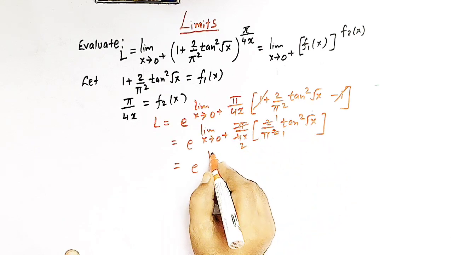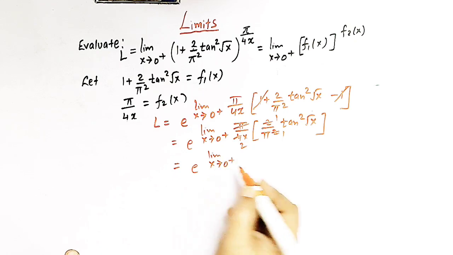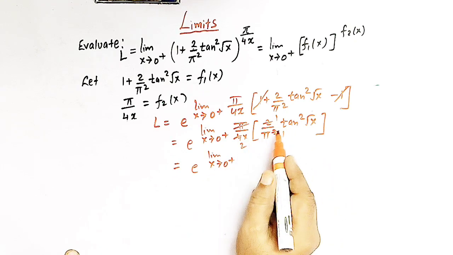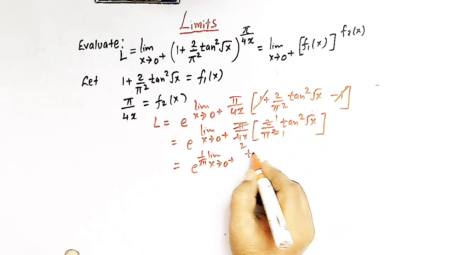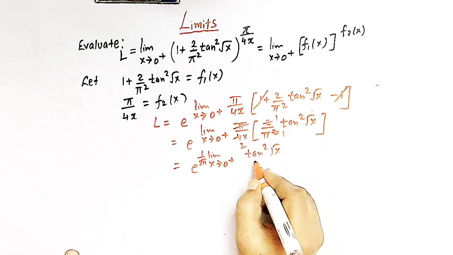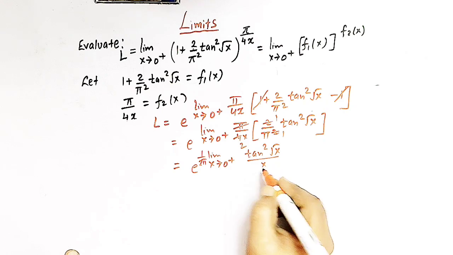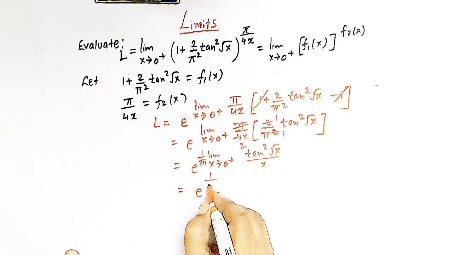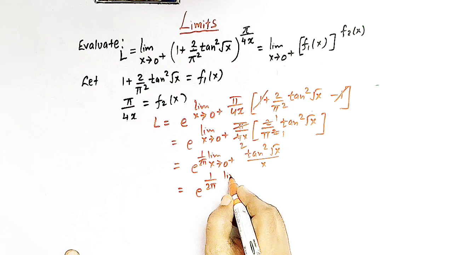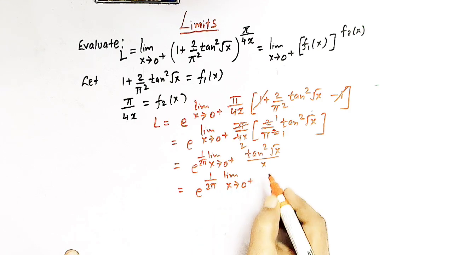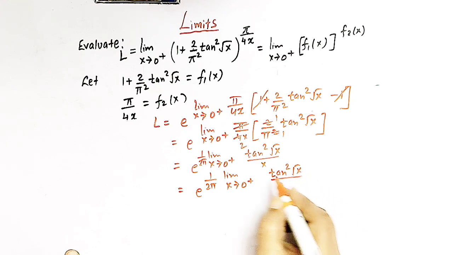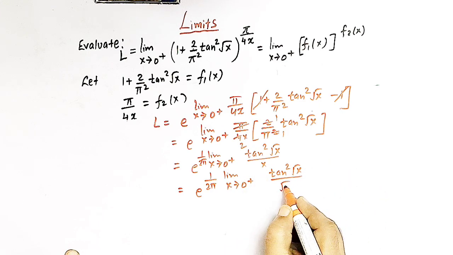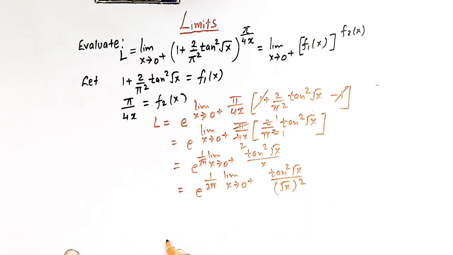so now we have limit x tends to 0 positive. Now here we are left with 2 and pi, so here we can write 1 over 2 pi, and here we have tan square root of x over x, right? So now we can write 1 over 2 pi limit x tends to 0, and here we can now write tan square root x over this x can be written as the square of root x, right?